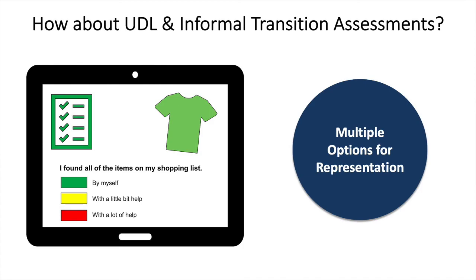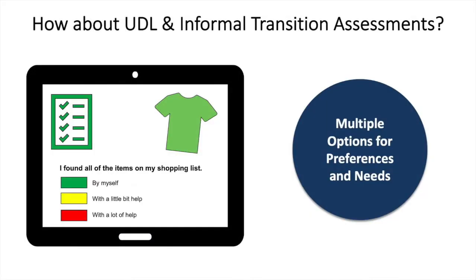We want to make sure that we're using multiple ways of representing both the questions themselves, so color, pictures, symbols, audio, text, text-to-speech, and also the response options, particularly on informal assessments like an inventory, that not only are the questions displayed and represented in multiple modalities, but also the choice options are as well.